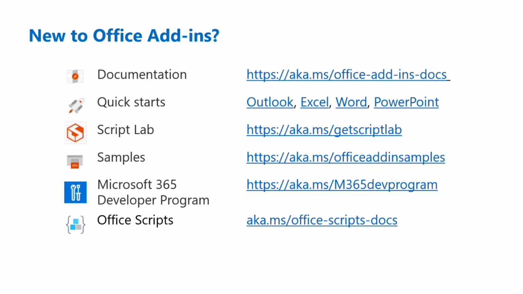And if you are planning to bring your solution as a JS add-in and publish it to our AppSource, making it available to millions of Office users, you can join the developer program and get some benefits from there, and you will also be able to go through the Partner Center process to publish your solution.